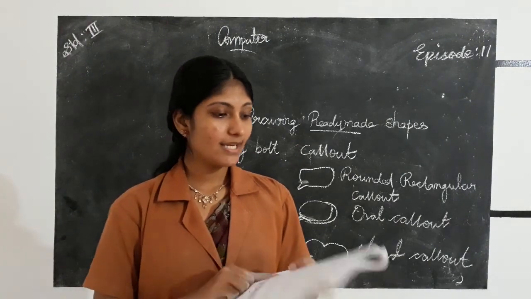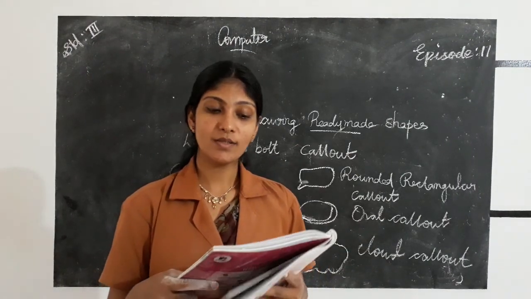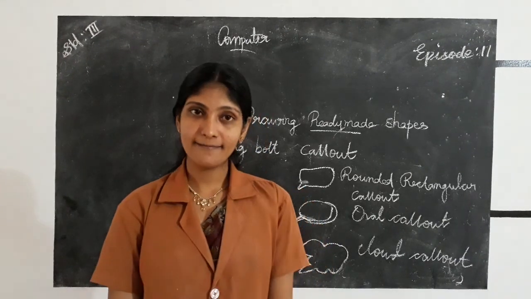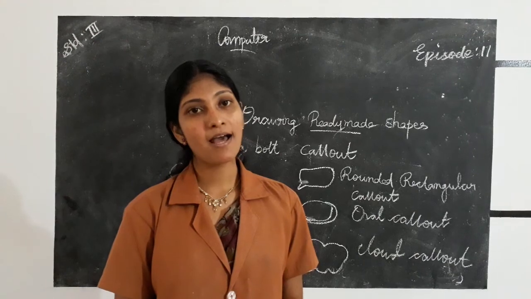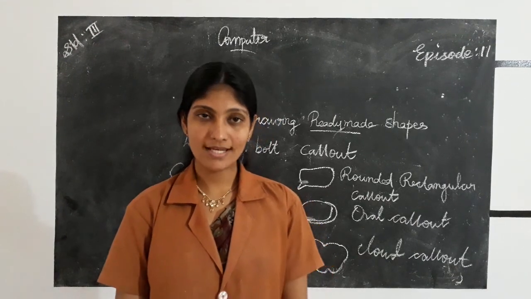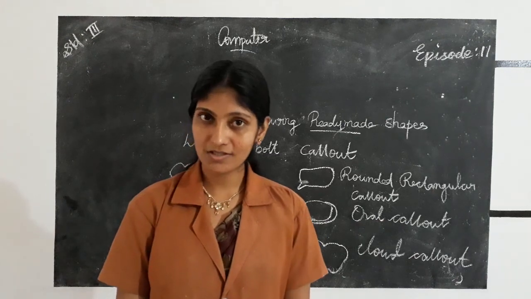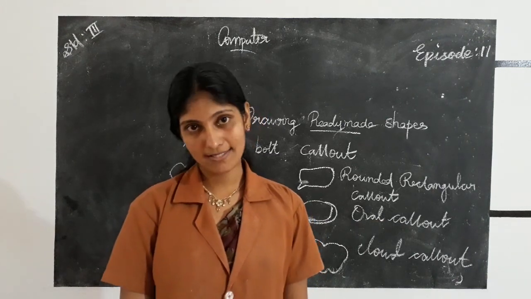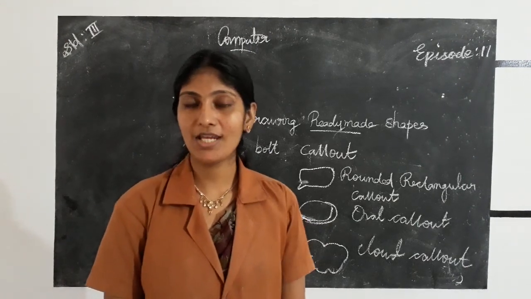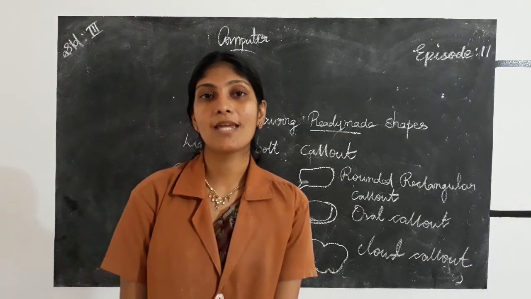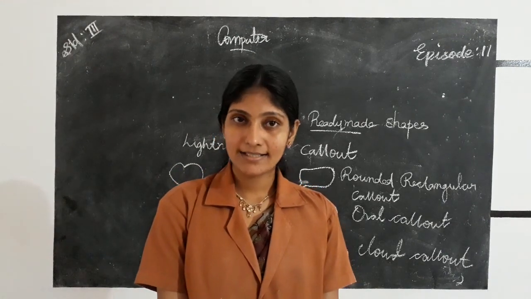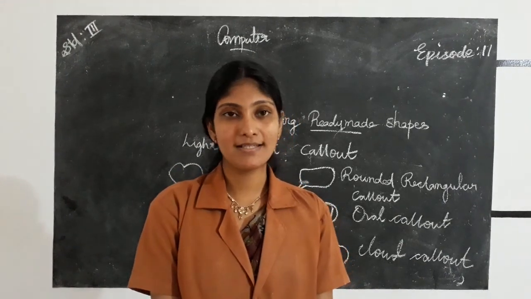Okay. Then next, what else can you do with the selected shape? That means first you created a shape and after that what are the things you can do to change the shape or to format the shape or to color the shape, etc. So let's see. First, just select a shape. So how to select a shape? The same way. First go to Home tab and then select that shape, drag into your paint screen.